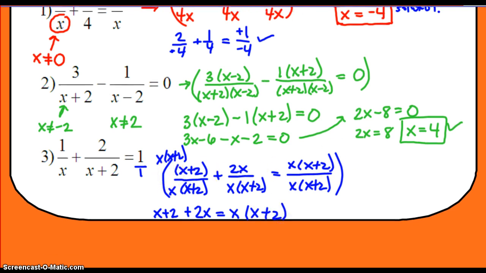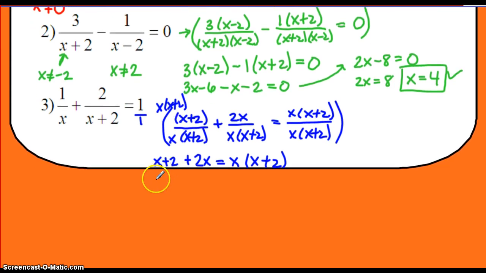And then all you're going to do is continue to solve for x. So I have a total of 3 x's on this side, plus 2 equals x squared plus 2x. I now notice I have a quadratic, so I'm going to put all of my x values to one side. So I'm going to subtract 3x and get a negative x, subtract 2, which means this side would be 0.